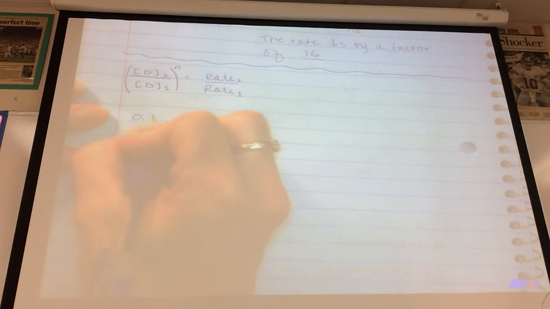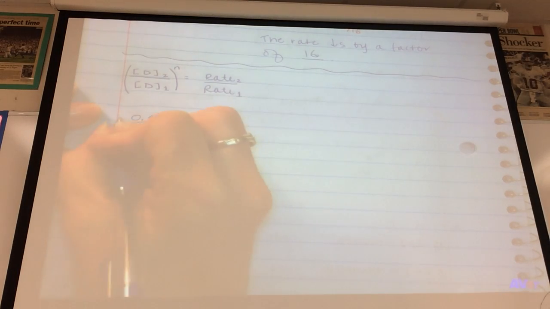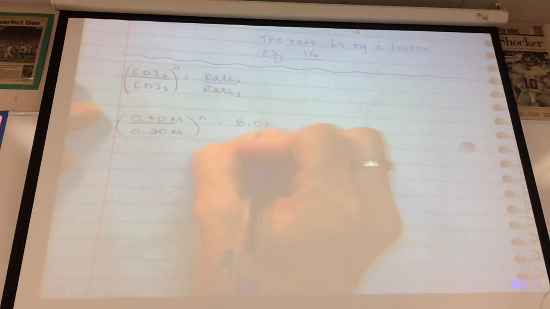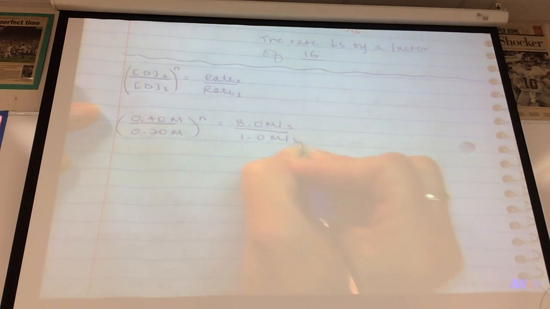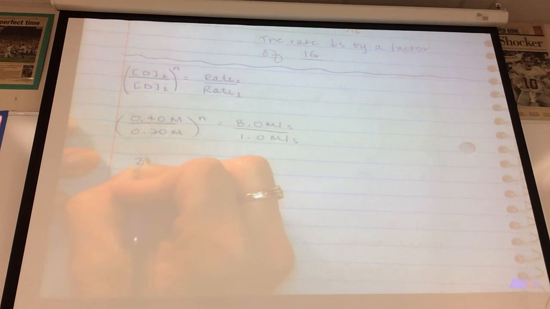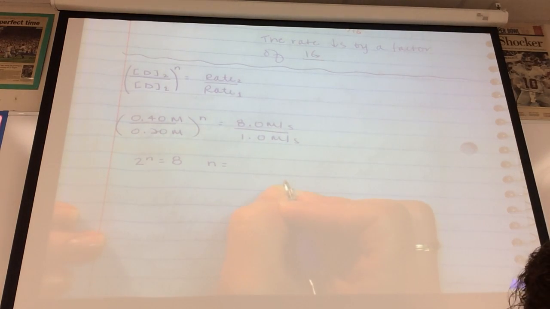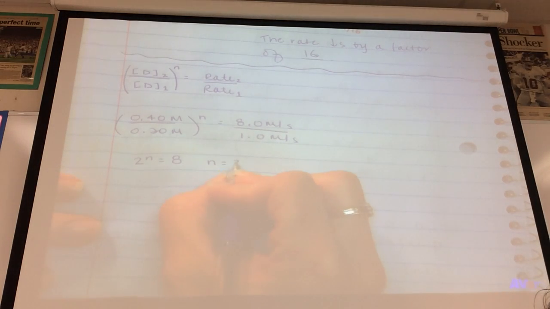We've got 0.40 molar over 0.20 molar to the n, and we've got 8 molar per second over 1 molar per second, and that's 2 to the n is equal to 8. So what's n? Garrett, what's n? 3 is correct.